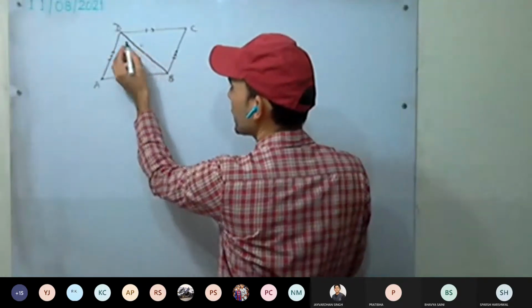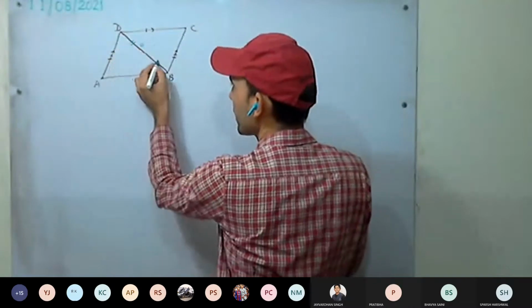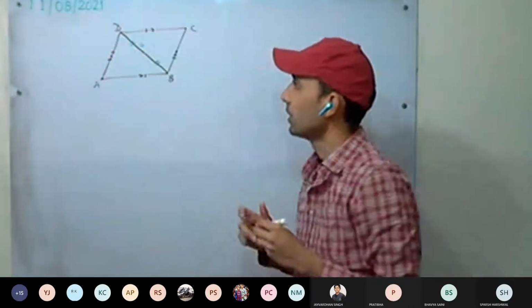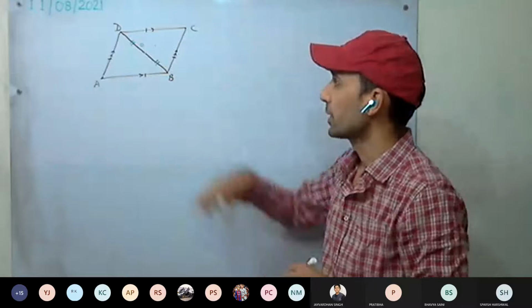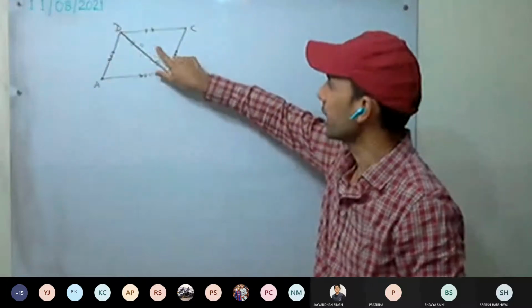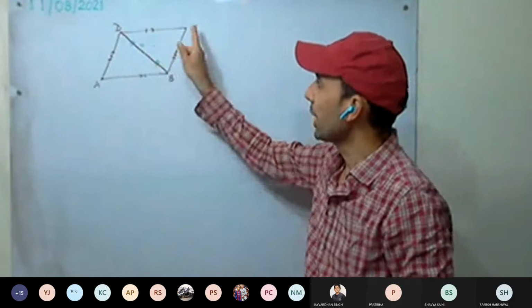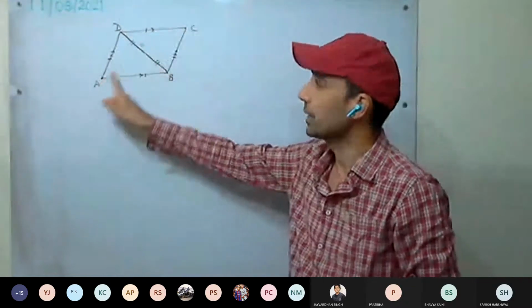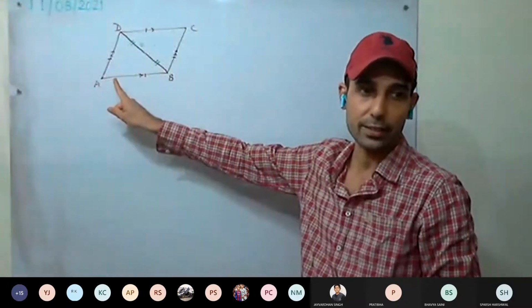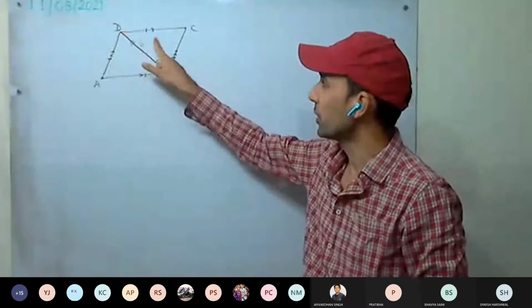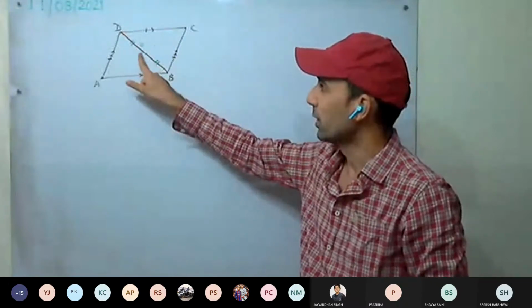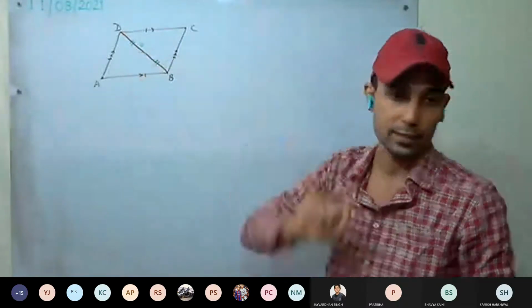Equidistant means this length equal to this length. This is the easiest point we can take. You can take it anywhere, here as well. It will be lying on the diagonal AC. The point will lie on the diagonal AC only, because it has to be equidistant from B and D always. So for the time being, I'm taking it here, okay?